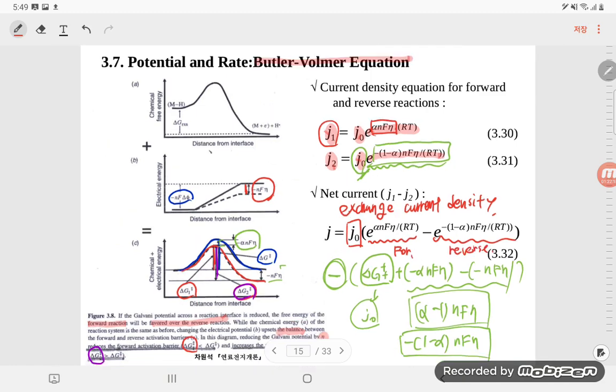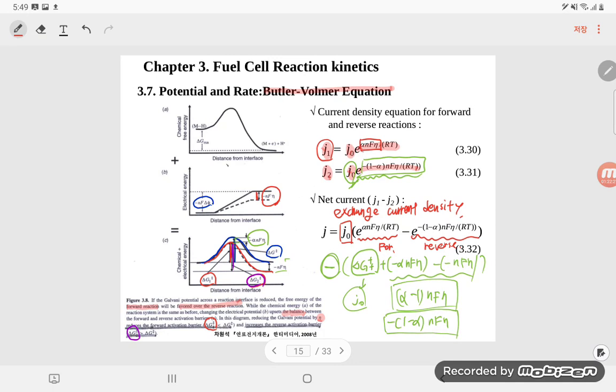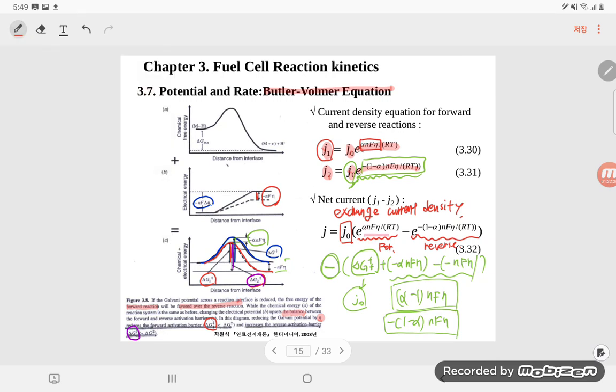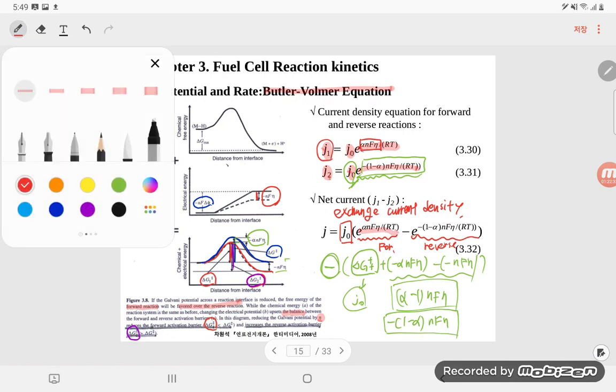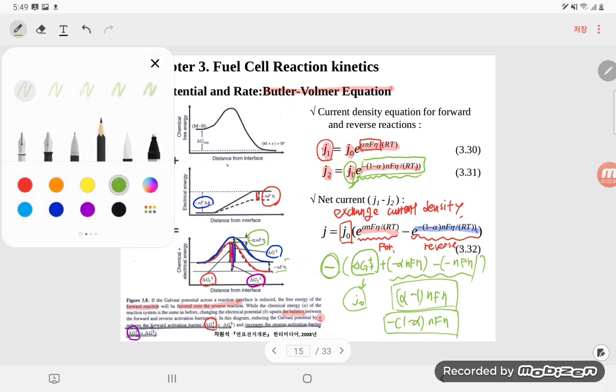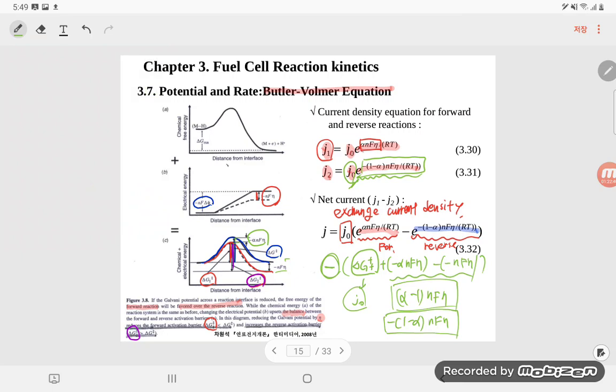So this is the meaning of the Butler-Volmer equation. Remember that this is for the forward direction, and this is for the reverse direction, and this is the exchange current density.